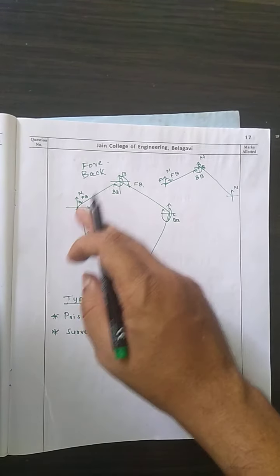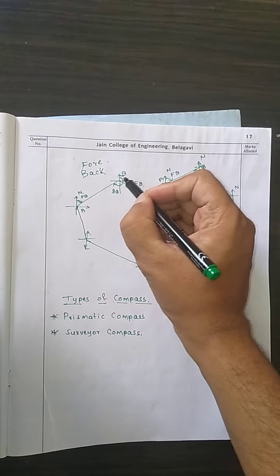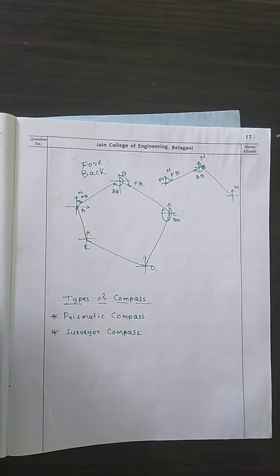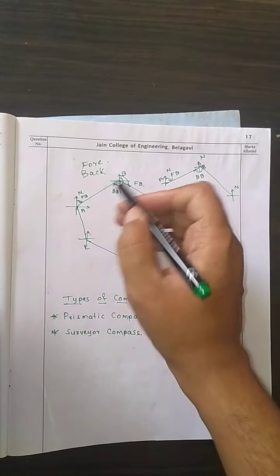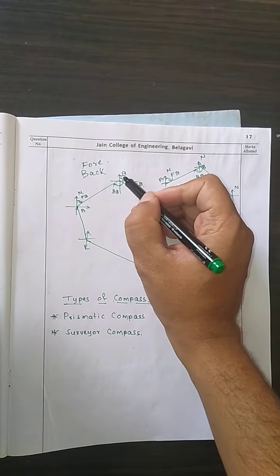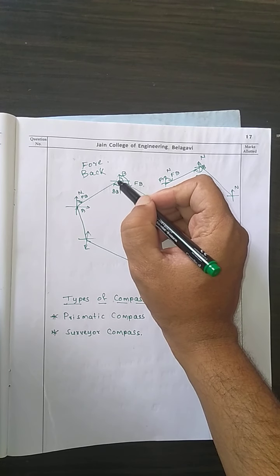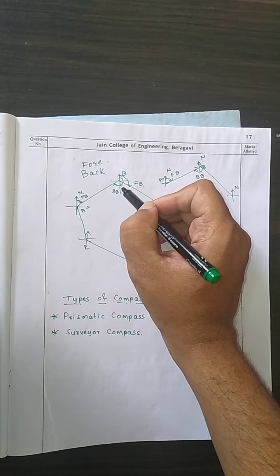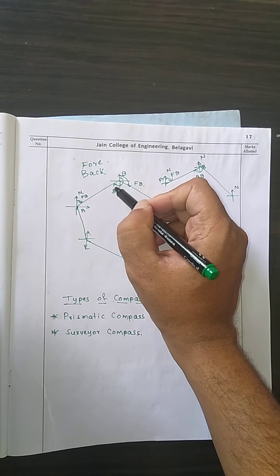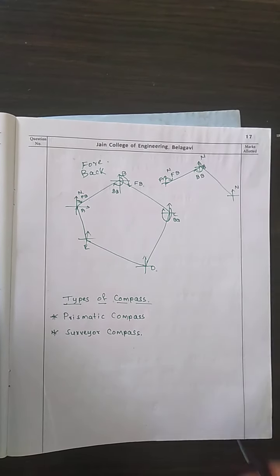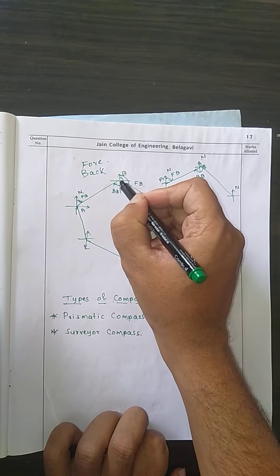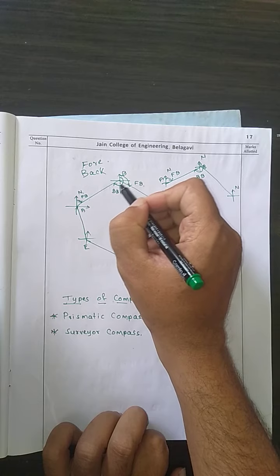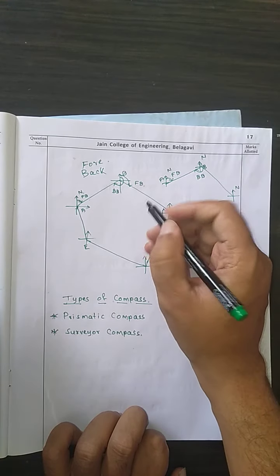When you shift your compass to the point B, and look backward to the A, then we call it a back bearing. Now when you take the reading from B, looking towards A, whatever angle it makes with respect to north, that we call a back bearing.